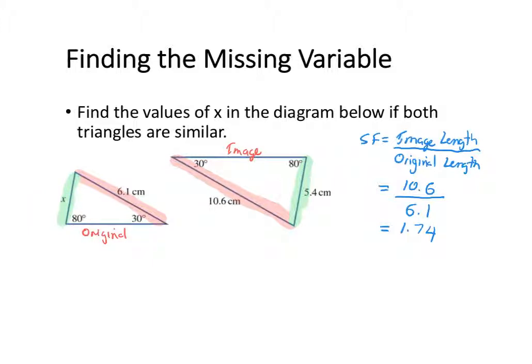So x is going to equal 5.4 divided by the scale factor, which is 5.4 divided by 1.74, which is going to give me a value equal to 3.1. So I know that the value of x on my first triangle is going to equal 3.1.